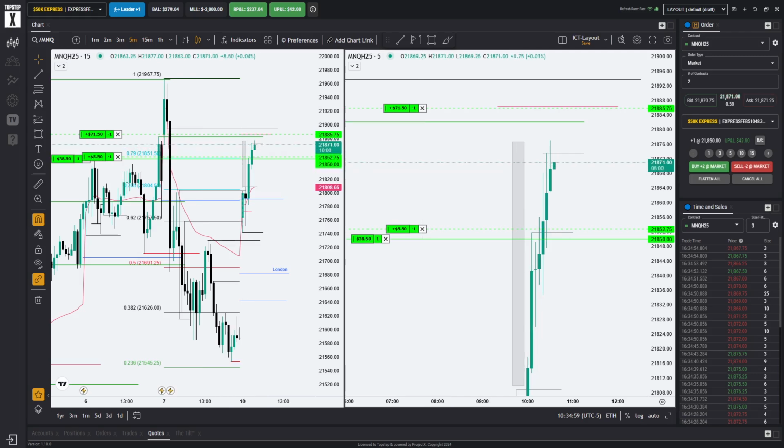Okay, ES is not doing much. Basically, ES dropped into the base. I think, unless we're going to push now, I'm going to close that trade. Come on.